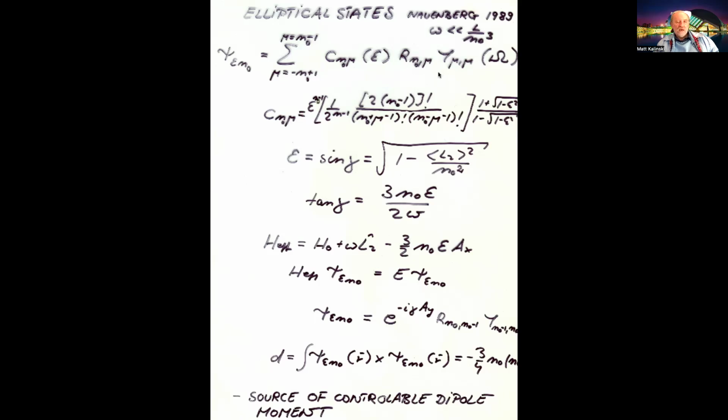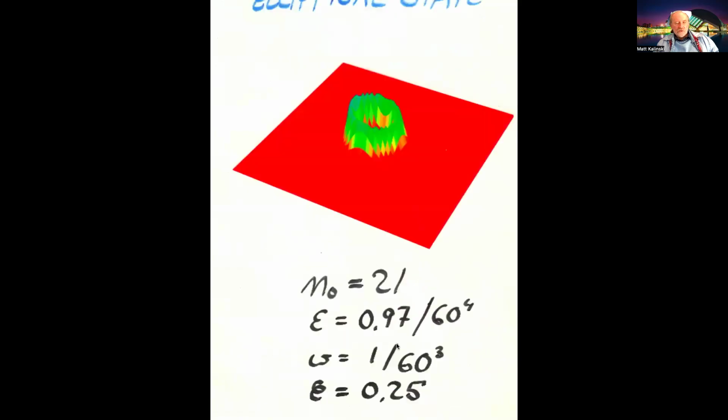Okay, and the states within manifolds are eigenstates of different operators, but here it is an eigenstate of the Hamiltonian with the external electric field, and we use this property to construct the dynamically polarized single atom first.